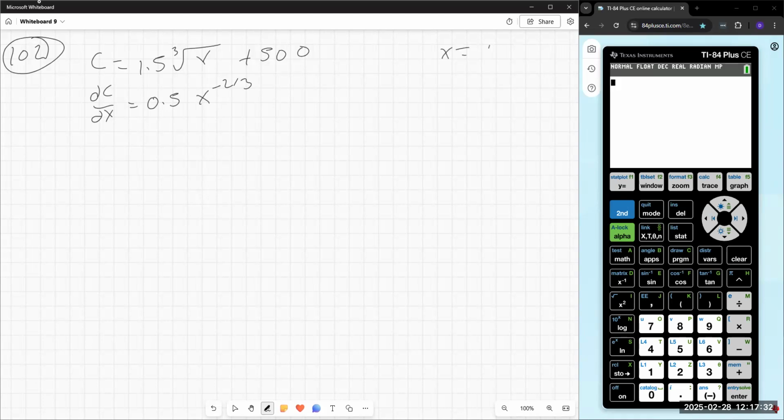Our x is equal to 125, and our delta x will be equal to 1 again.